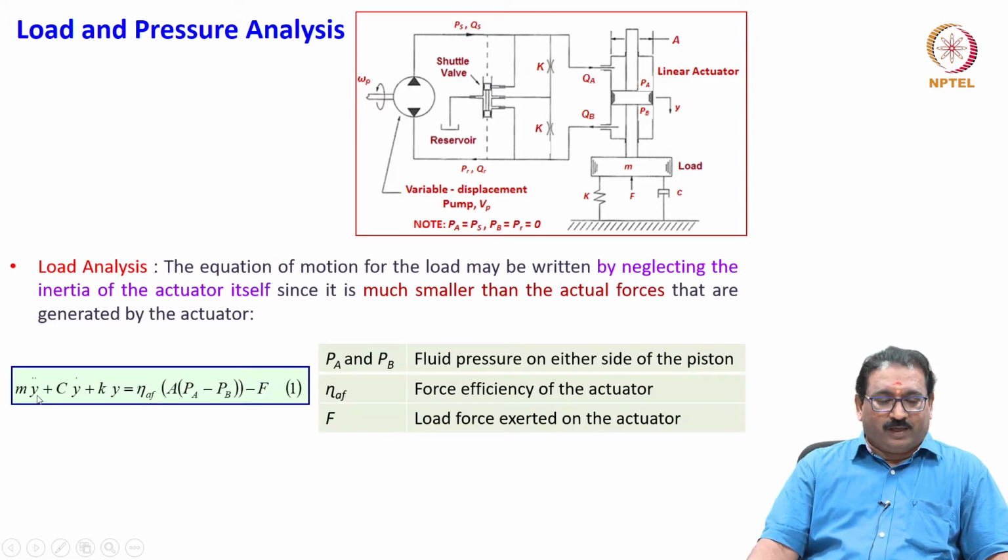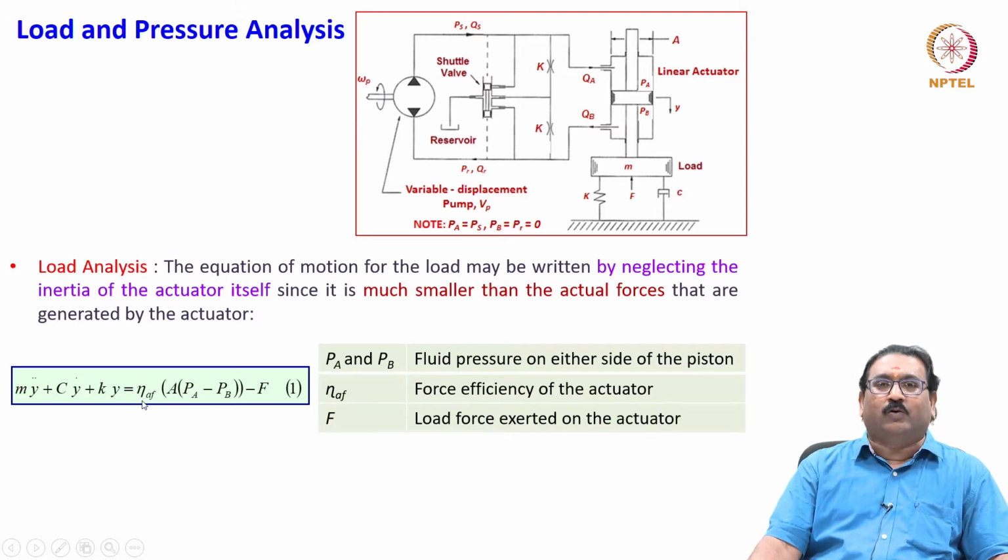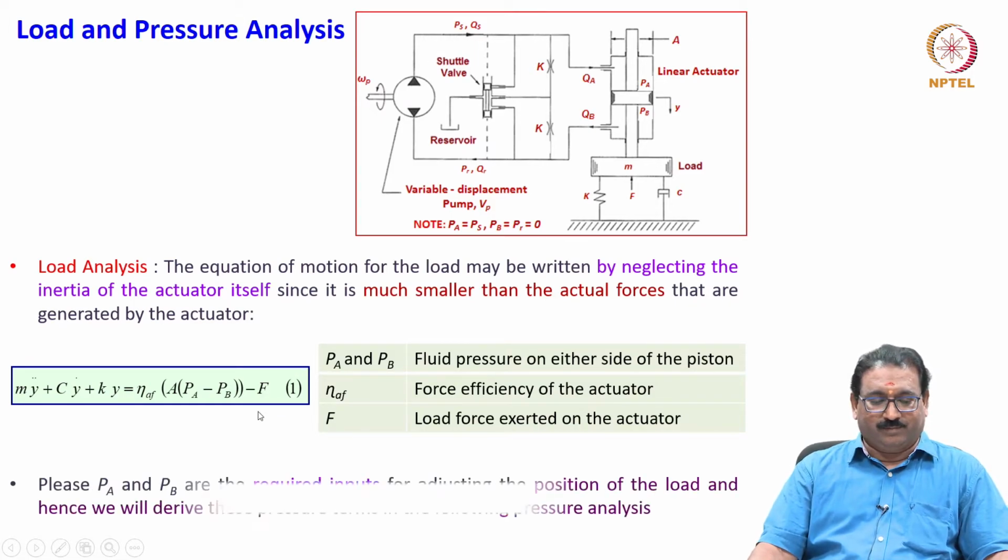So, m y double dot plus c y dot plus k y is equal to the force efficiency of the actuator multiplied by A into (Pa minus Pb), minus F. Let us call this equation number 1.